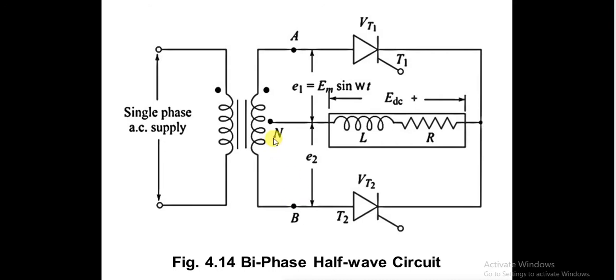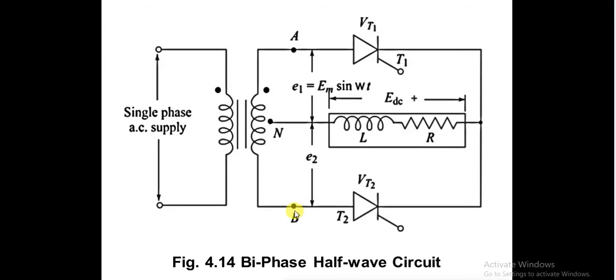The center tap winding N will divide the output voltage across the secondary into two equal voltages E1 and E2. The voltages E1 and E2 are equal because it is a center tap transformer. At the secondary terminal A, SCR T1 is connected.